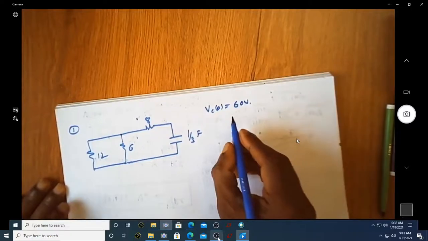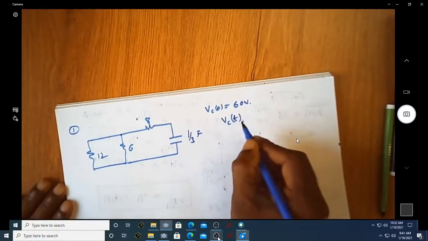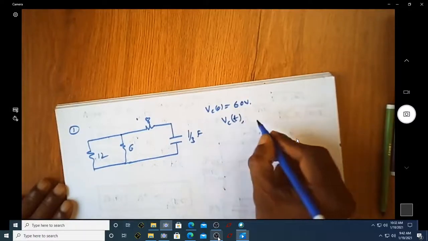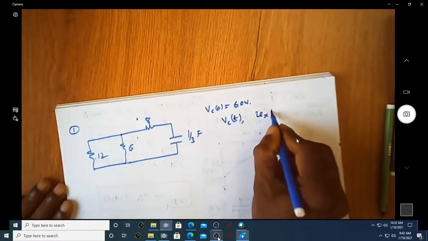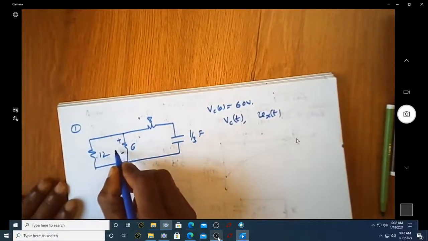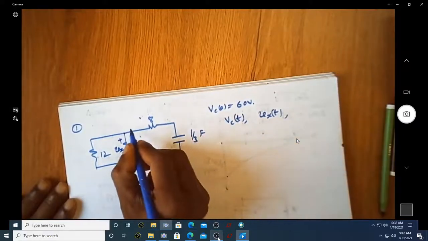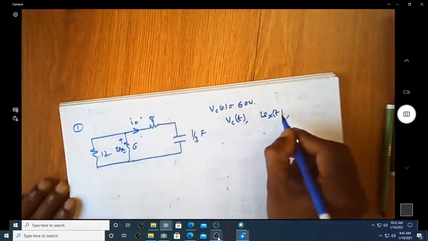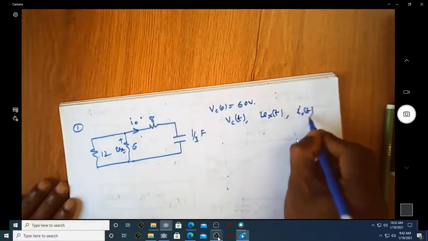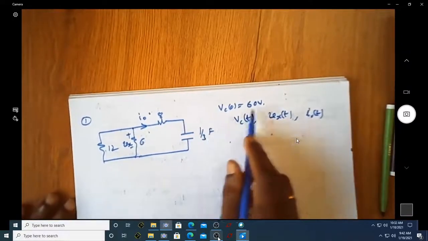We are asked to find the voltage of the capacitor with respect to time, that is Vc of t, and to find Vx of t, where Vx is the voltage across this 6 ohm resistor. We are also asked to find I naught of t. The initial voltage across this capacitor is 60 volt.